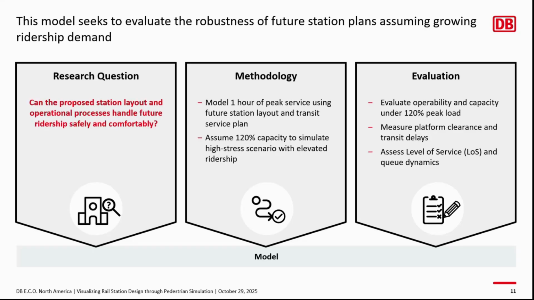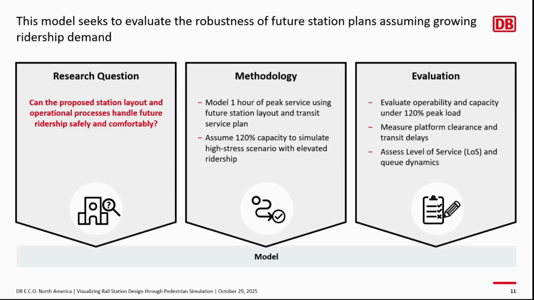So the research question here is just looking at, can the proposed station layout and operational processes handle the future projected ridership safely and comfortably? And for this model, the ask was to test out a high stress scenario. So for this model, we modeled 1 hour of peak service using the future station layout and transit service plan.